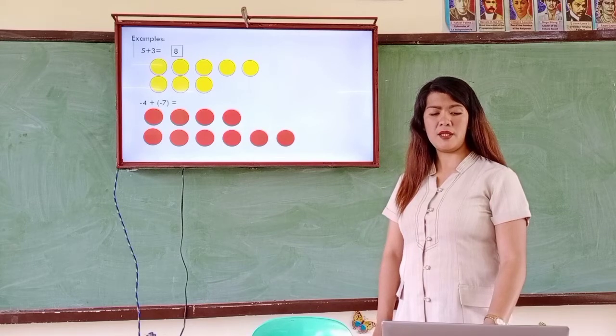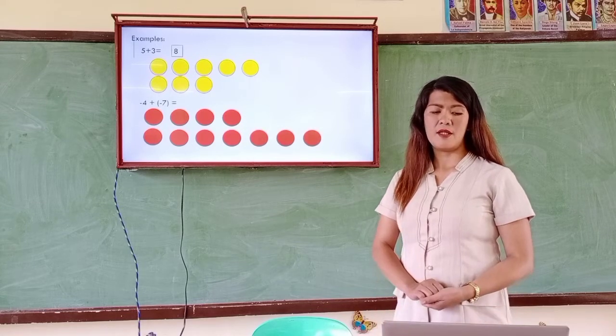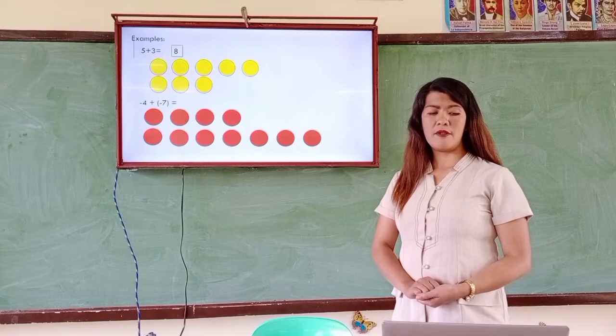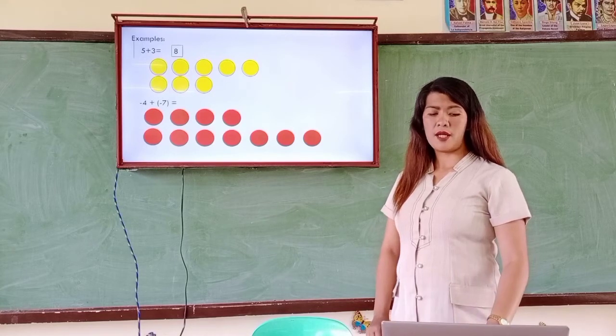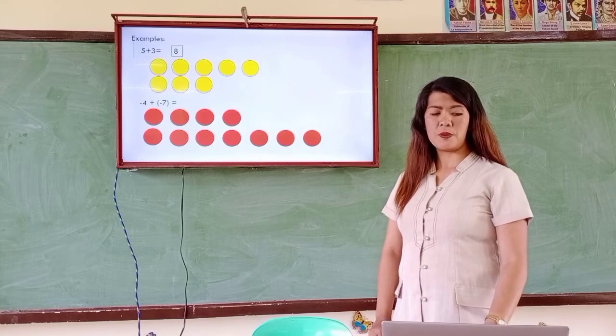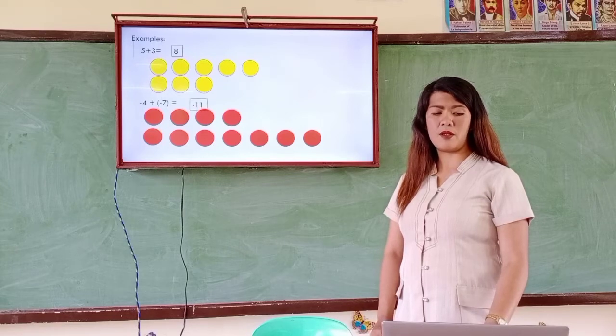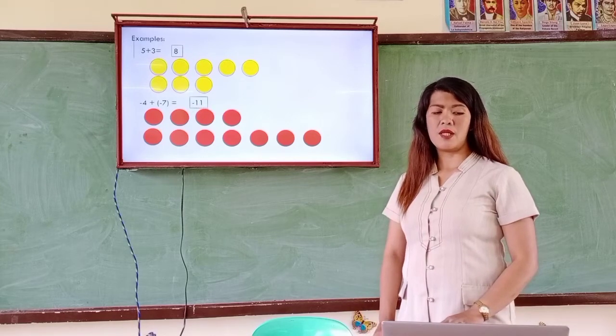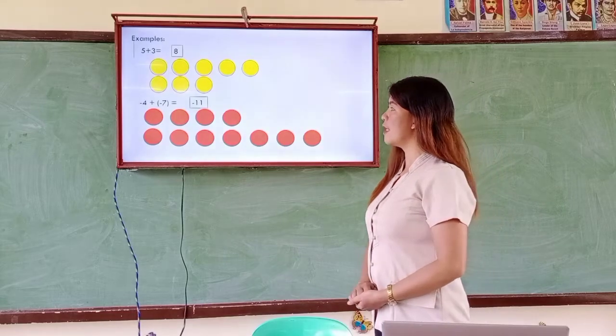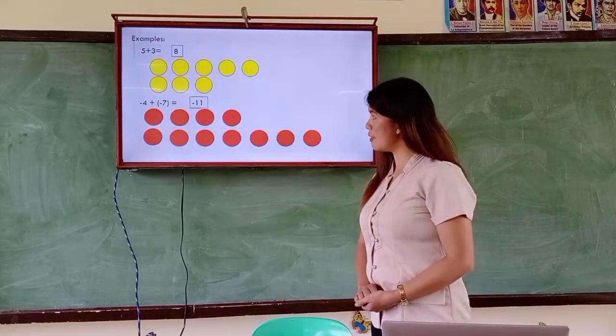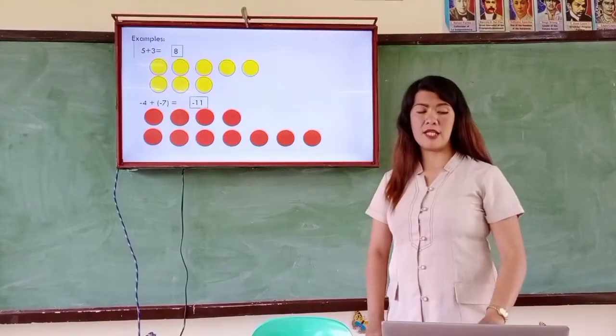How many chips are there? There are 7 plus 4, 11 chips, all negative because all red. So negative 4 plus negative 7 is equal to negative 11.